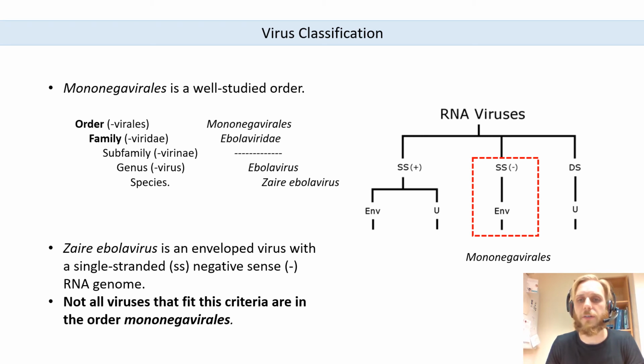Single-stranded negative viruses that are enveloped, it's a grouping of Mononegavirales. This is where Mononegavirales fit. However, not all viruses that fit the criteria, not all viruses that are single-stranded with negative-sense genomes, are Mononegavirales. It just doesn't always apply.